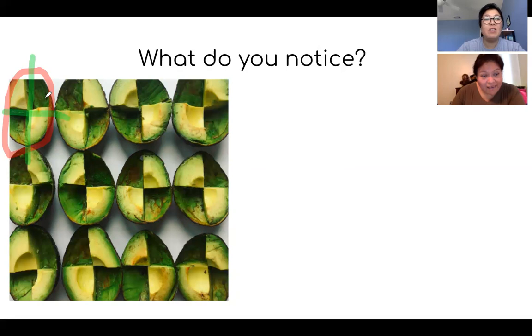How many parts are missing? 2 parts. They're missing avocado here, and here. When they split it, did they split into equal parts? Yes. So there are 4 equal parts, but 2 equal parts are missing. Okay. So we're gonna leave it as that.